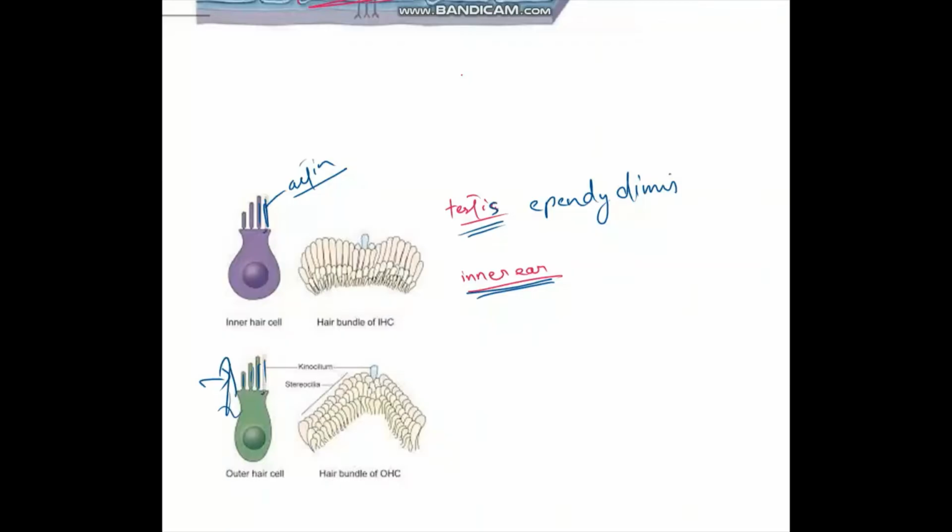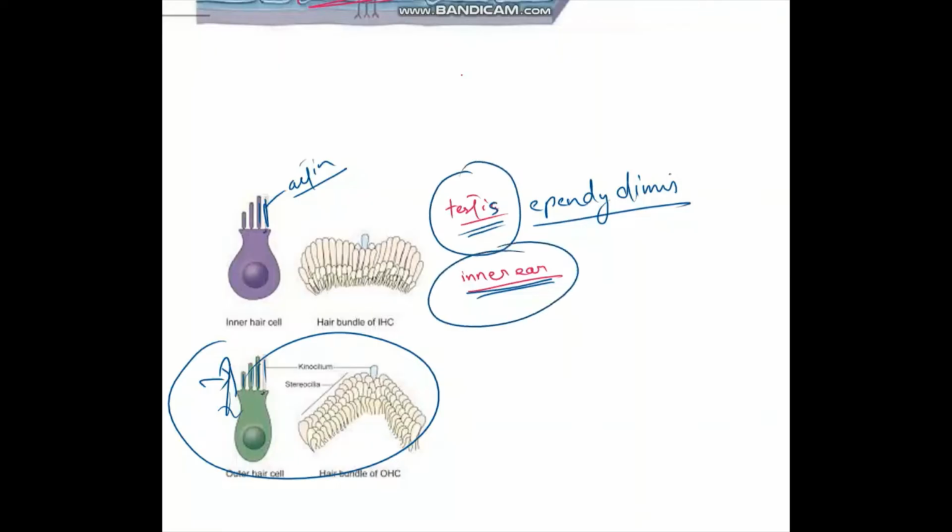These are things that we're going to discuss later, like all these functions of the stereocilia in the epididymis and in the inner ear hair cells. We're going to discuss how they work in the later chapters, when we discuss specifically, for example, the male reproductive system or the auditory system. So for now, you just need to know that these are apical surface projections made up of actin, and they're present in testes and inner ear.